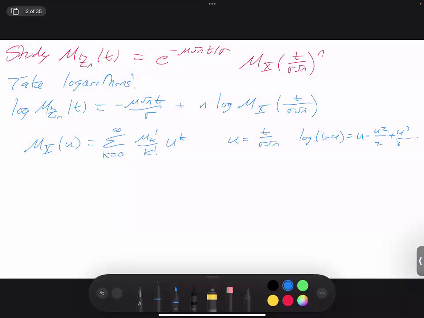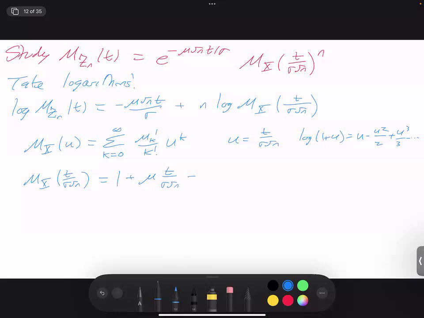So now, if I look at the moment generating function of t over sigma square root of n, the first term is when k equals 0, I just get 1. When k equals 1, I get plus mu, and then I've got u, which is t over sigma square root of n.